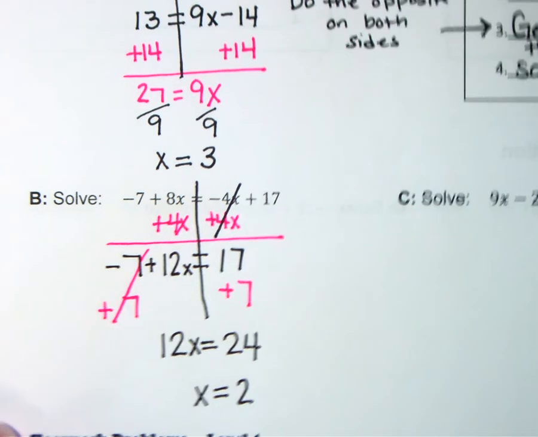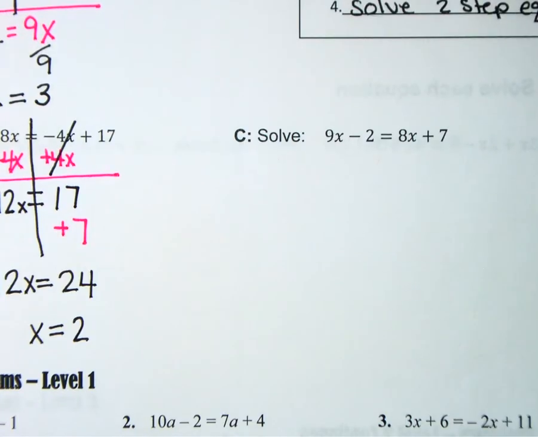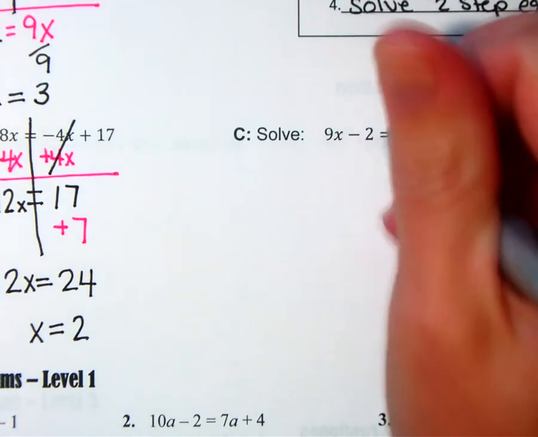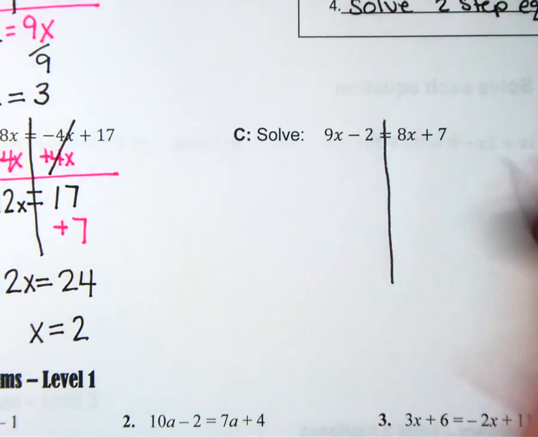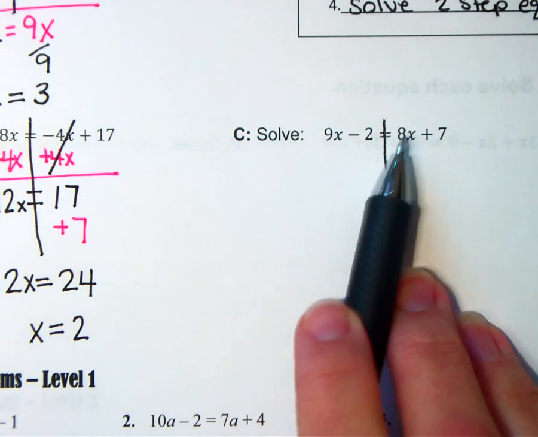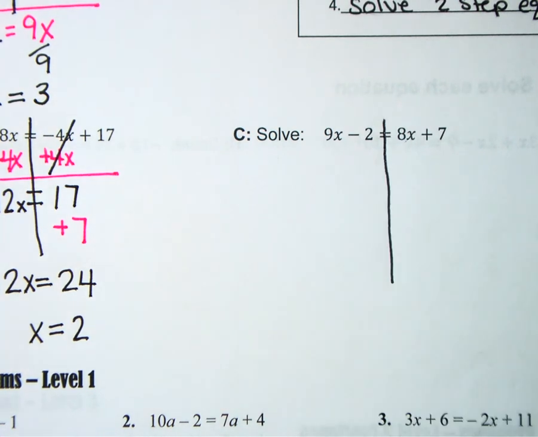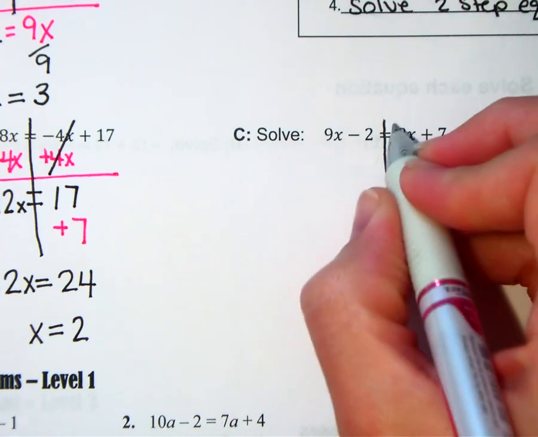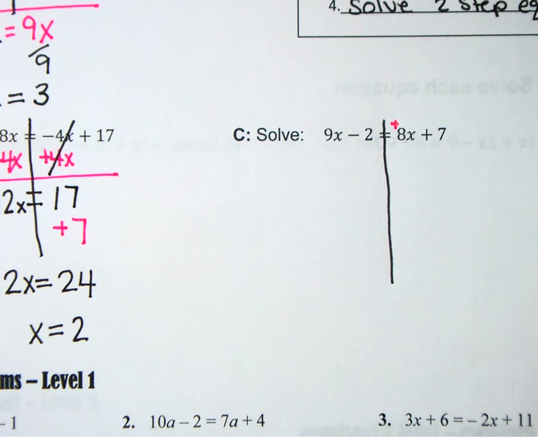Okay, one more time. My x's, I've got a 9x over here, I've got an 8x over here. They're on opposite sides of the equals, so I cannot just put them together. Which one is smaller? 8x is, and that 8x happens to be positive.